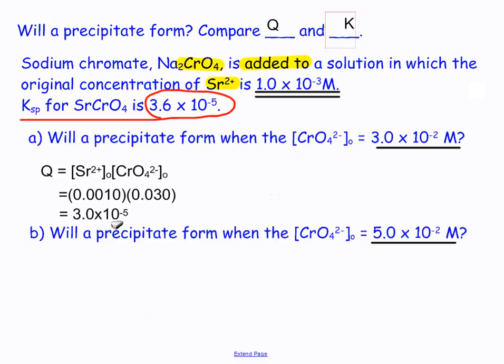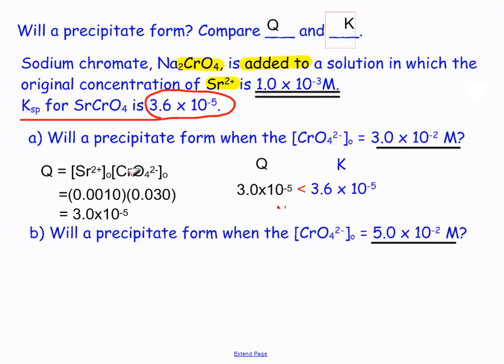That's the first step. Second step, we need to compare Q and K. So we found Q. Here is K. And it turns out that Q is less than K. If Q is smaller, then we know that we have too little product, and in this case, the product is the ions, which means we're not going to make a precipitate.